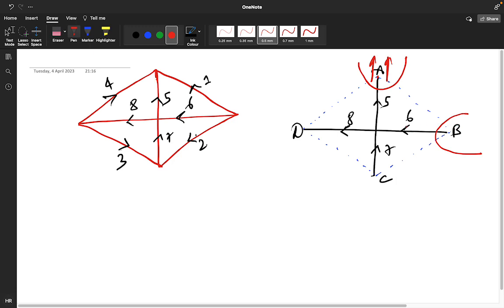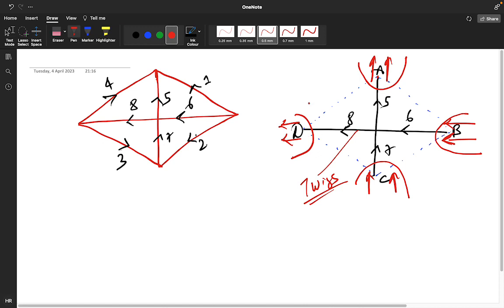So this particular solid line is your twig. In twigs, at the node point, you have to create these cut sets. Is it clear how we are making this?